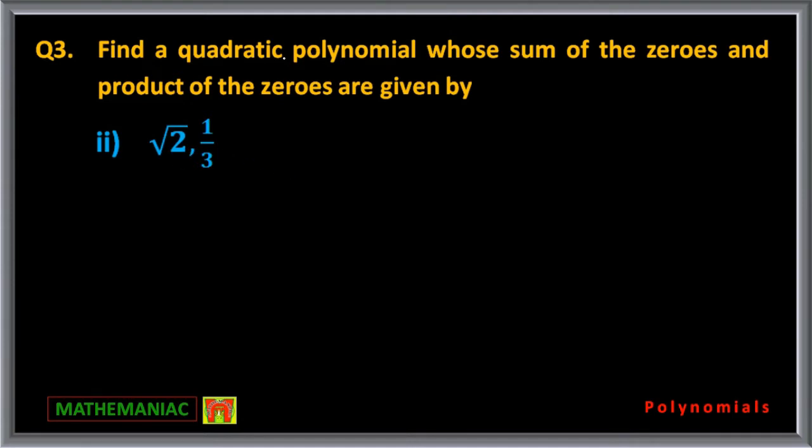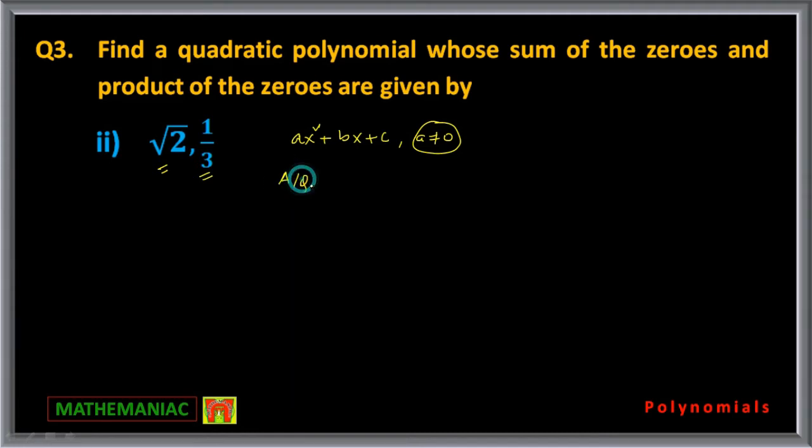Okay, let's have this another problem. So here again, the statement is the same. The first is going to represent the sum of the zeros, the second is the product. So according to your supposition, the quadratic polynomial should be like this. And never forget to write this a not equal to 0, because this is a very crucial condition. Please try to understand that.